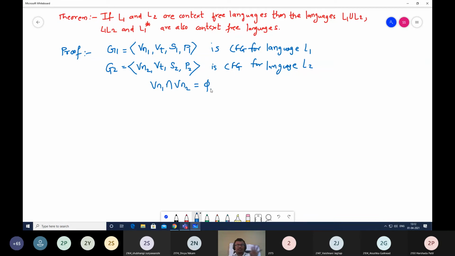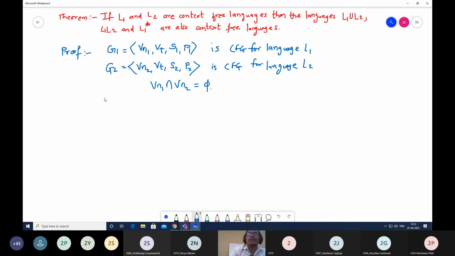If you remember in Kleene's theorem, when we took two machines M1 and M2, the intersection of their sets of states was equal to phi, so we didn't have any state common between the two. Similarly, when I'm defining two grammars G1 and G2, G1 will have its own non-terminals and G2 will have its own non-terminals, with absolutely no relation between them. So the intersection of the non-terminals of the first grammar with the non-terminals of the second grammar is equal to phi.